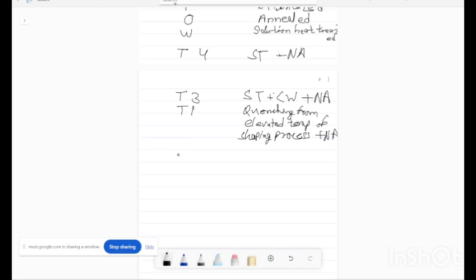Similarly, T2 represents quenching from elevated temperature of shaping process plus cold work plus natural aging.